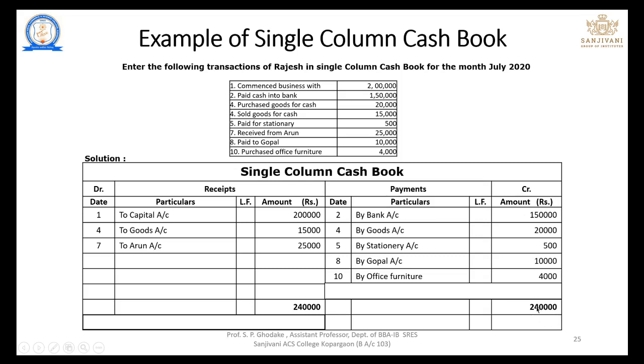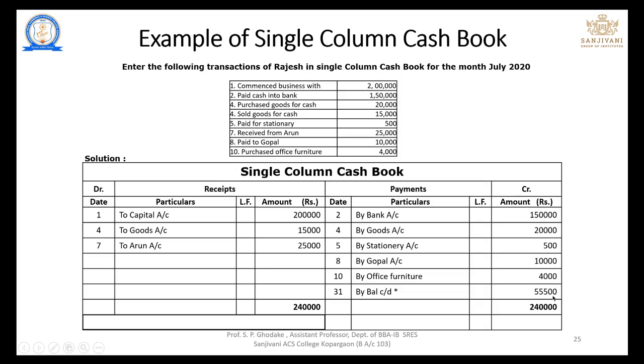Once you have written it over here, you have to subtract the total of these items from the total. So if we subtract the total of these items from 2 lakh 40,000, we'll get at the end of July 31st 55,500. So it is a closing cash. So receipt is 240 and payment is 240 minus this.